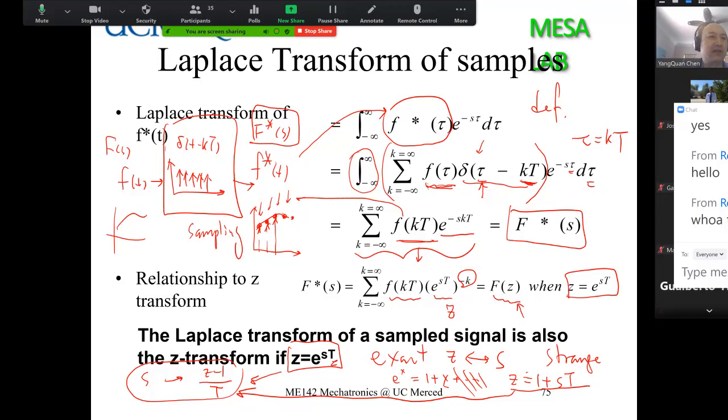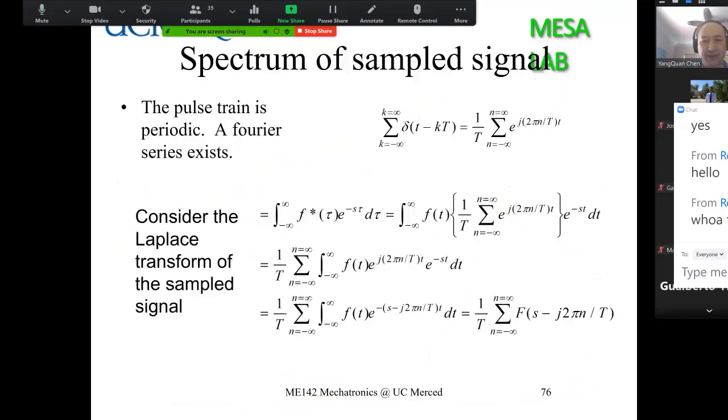The next one is to do an explanation in the Fourier transformation domain. So first of all, we have learned what a Fourier series expansion is. Because this pulse train is considered periodic, its Fourier series exists.